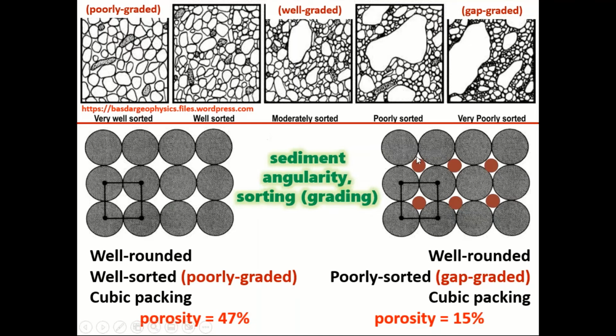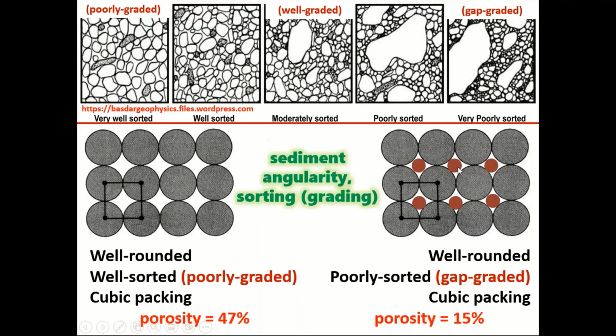But the point here is that some of the pore space is actually being occupied by other solid material, which will obviously decrease the overall pore space available for water to be there. This arrangement is still cubic packing, but the porosity has decreased significantly. Here on the example on the right, we have porosity of about 15%, again, because a lot of the open space between the larger grains are plugged up with smaller sediment grains.